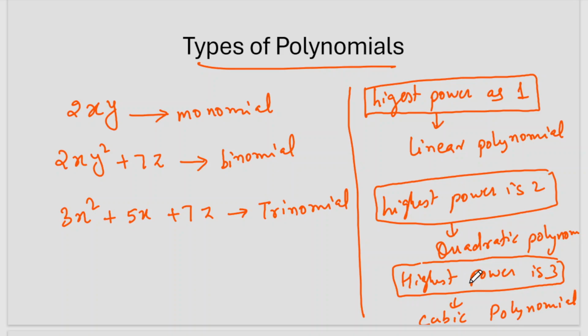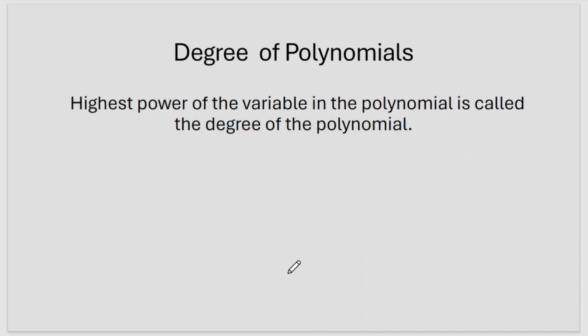Now, next comes the degree of the polynomial, and it is very easy to understand. If somebody asks you what the degree of the polynomial is, what are you going to look at? You are going to look at the highest power of the variable in the polynomial. So let me see: 2x square plus 7y plus 8.